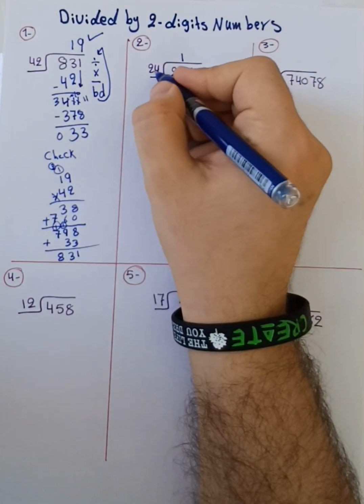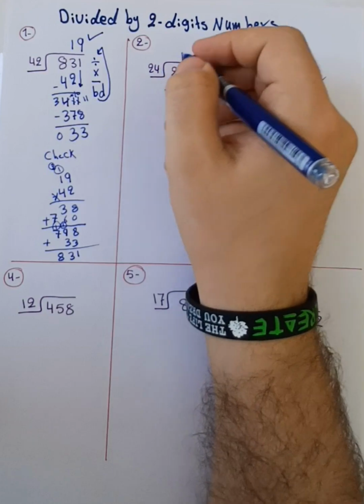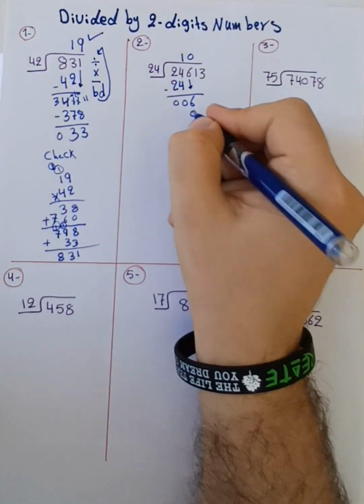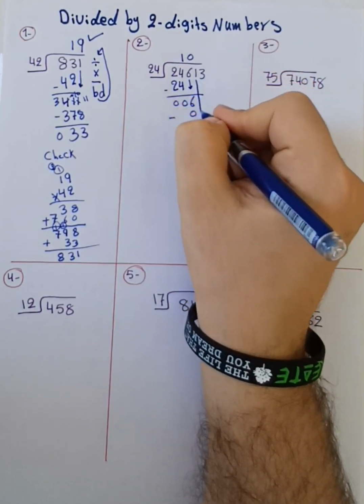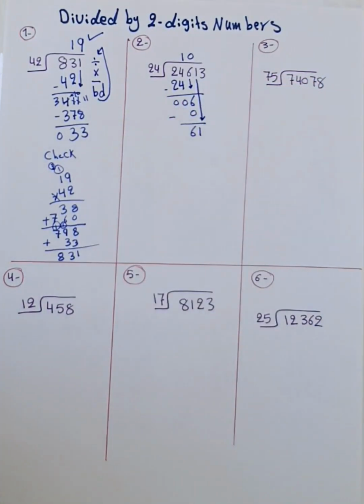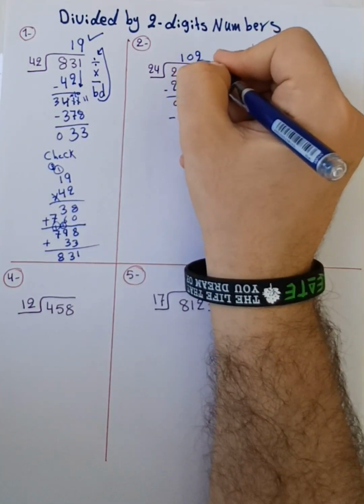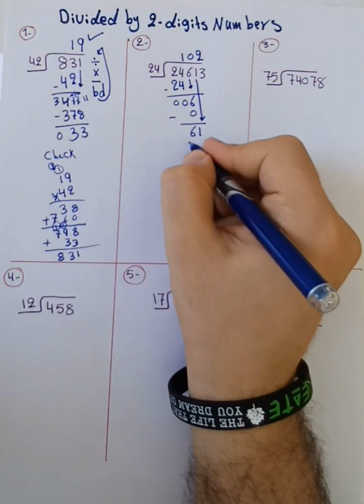6 divided by 24, we don't have any 24 in 6 because 6 is less than 24. We have to write 0 in the quotient. 0 times 24 is 0. 6 minus 0 is 6, and then we have to bring down 1. Now we have 61. 61 divided by 24 is equal to 2. 2 times 24 equals 48.